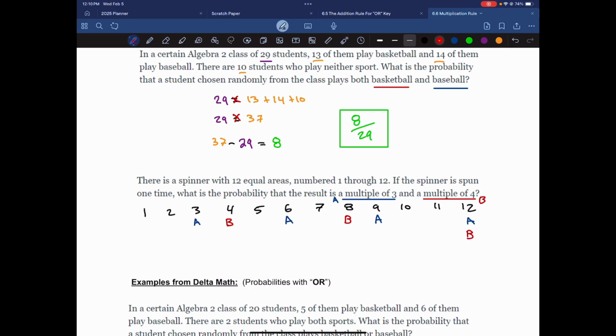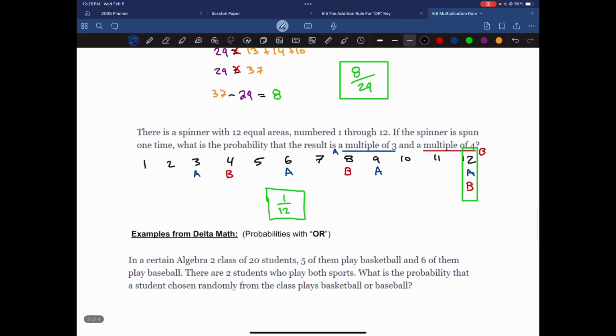Okay, now the question is asking for the numbers that represent both a multiple of 3 and a multiple of 4. So what numbers have both an A and a B next to them? And that's just our 12 here, right? So we can say that we have 1 out of 12 of our numbers.